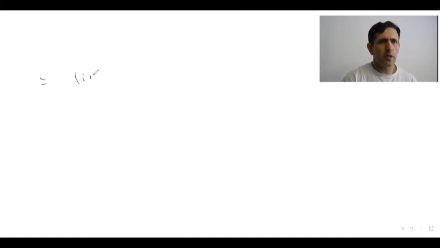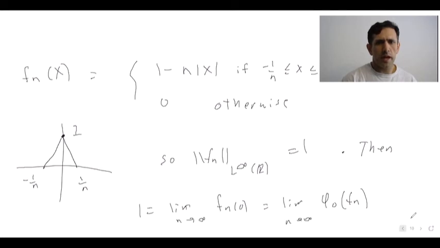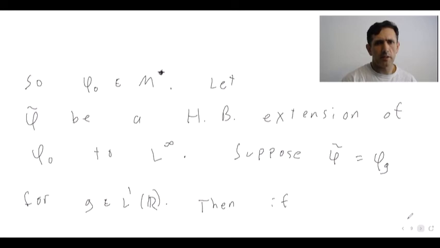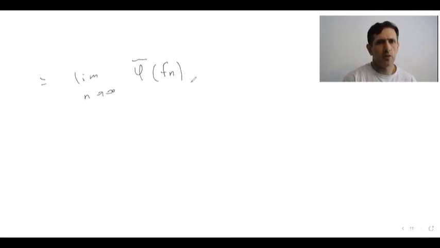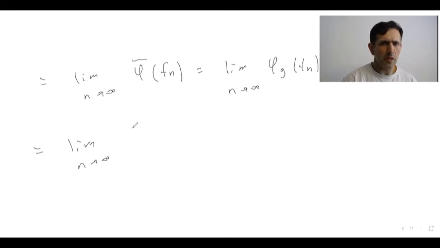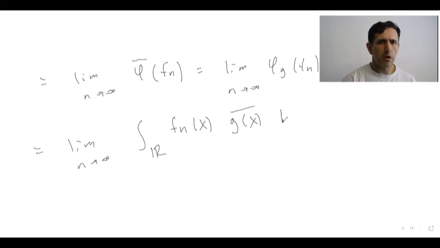Since phi tilde is an extension of phi 0, this is the limit of phi g of fn, which is given by the integral of fn of x times g bar of x.